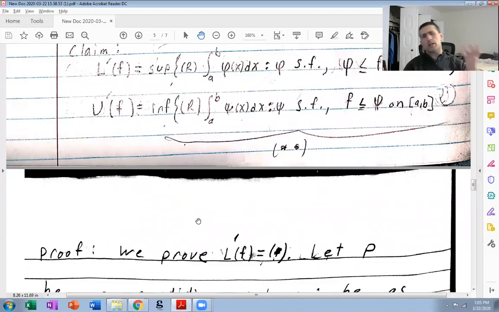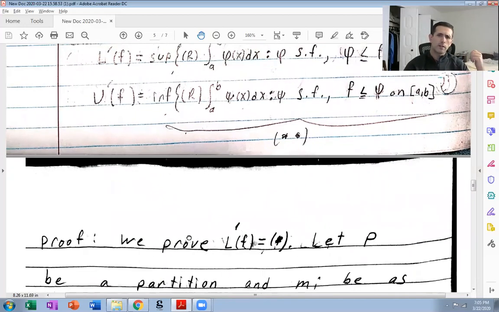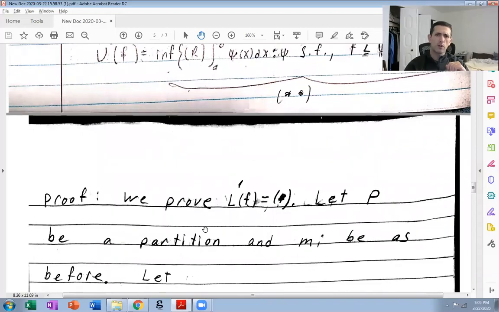So let's begin by looking at an arbitrary partition. So just say P is some arbitrary partition. Little mi be as before. So little mi is just the infimum of little f of x over the closed interval xi minus 1 to xi.